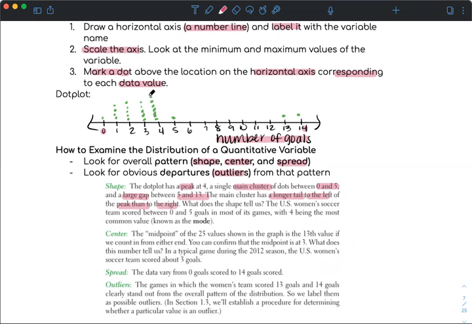So here's our peak, and if we were to draw tails to the left and then to the right, we can see that this tail on the left is longer than the tail to the right.